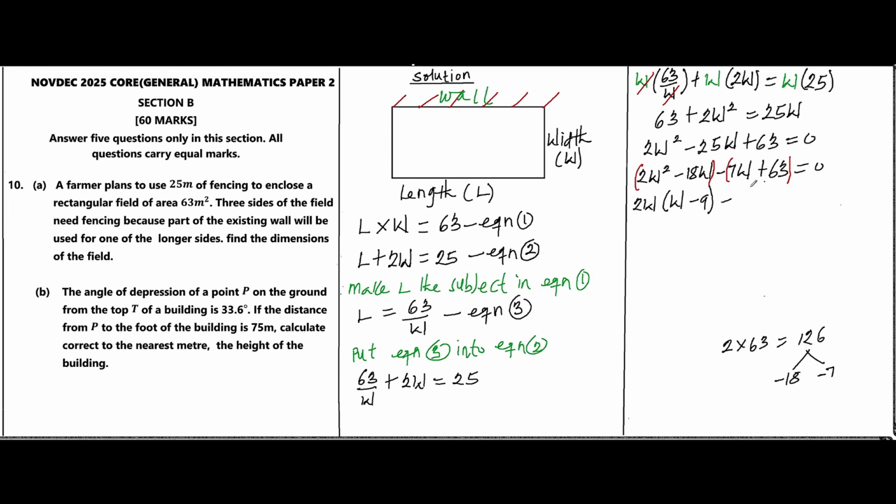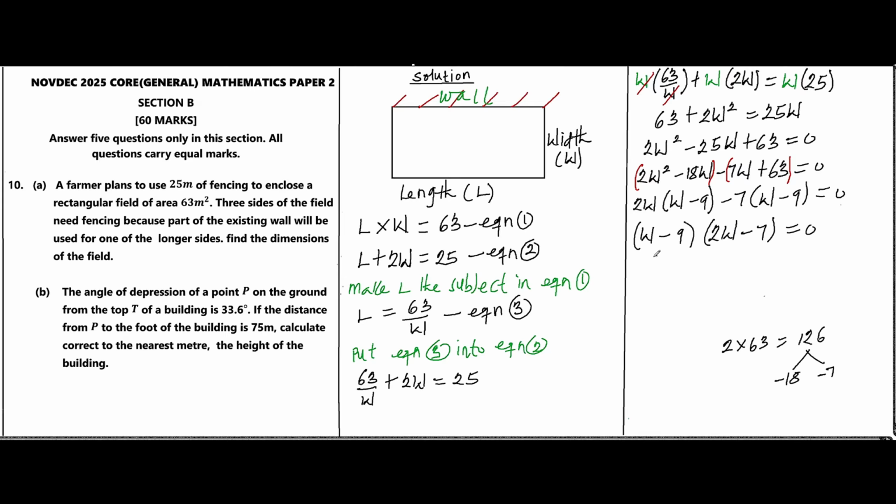Then the common factor here is 7, so we are left with W minus 9, and this must be equal to 0. So we have W minus 9 as a common bracket. We select it once. Then the outside factors, we have 2W minus 7, and this must be equal to 0.